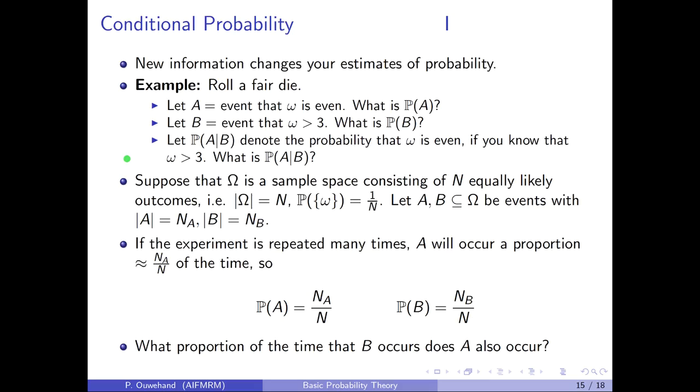Let's now consider how to compute conditional probabilities on a finite sample space where each outcome is equally likely. In other words, we have a finite sample space omega consisting of n equally likely outcomes.